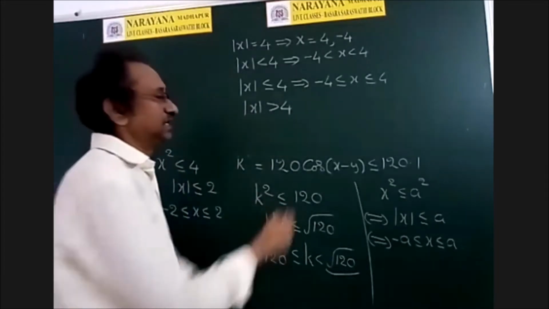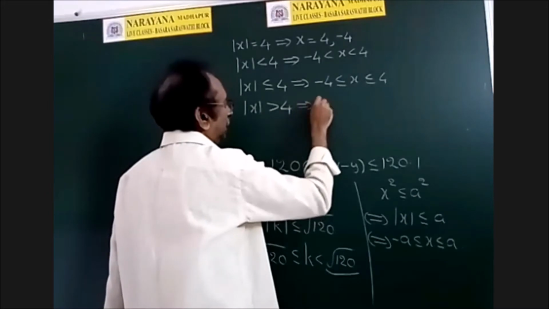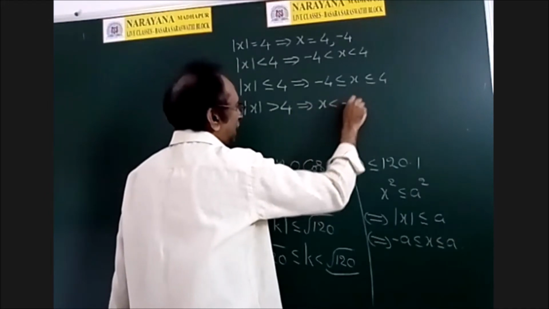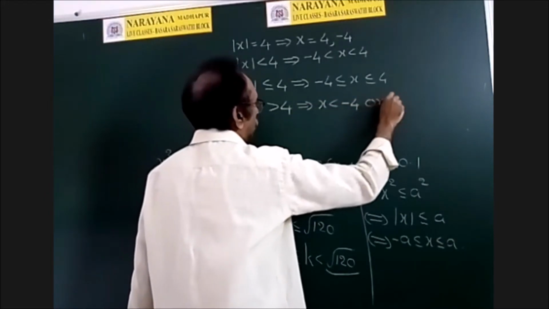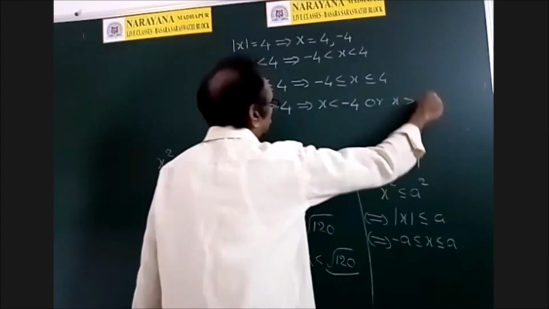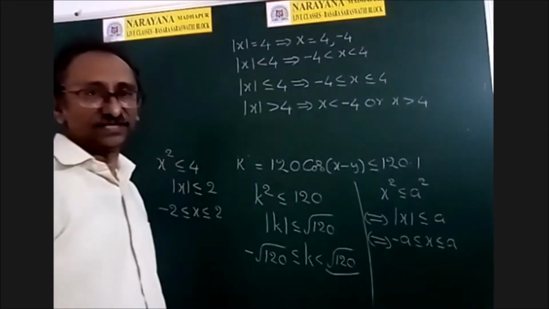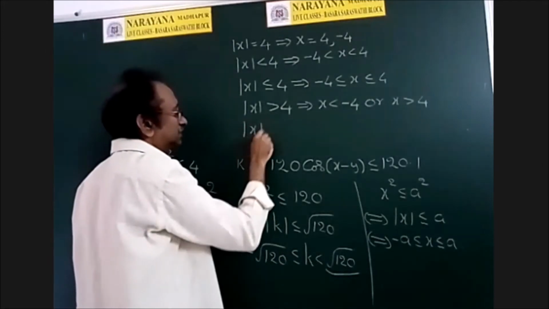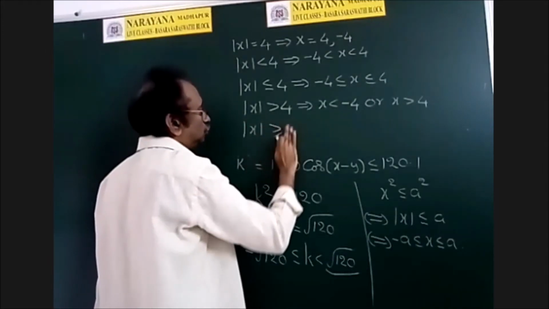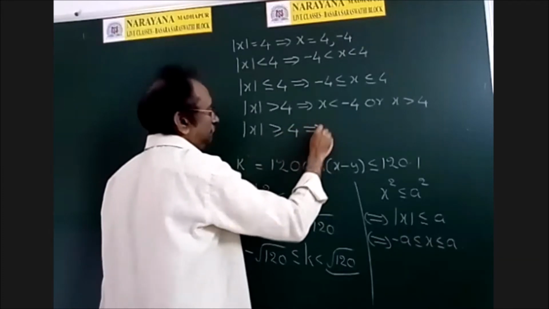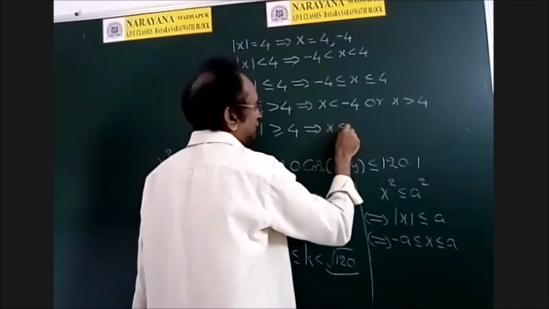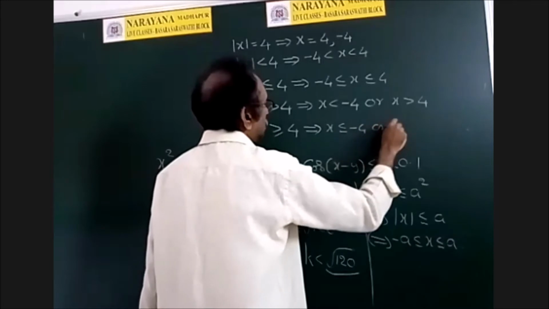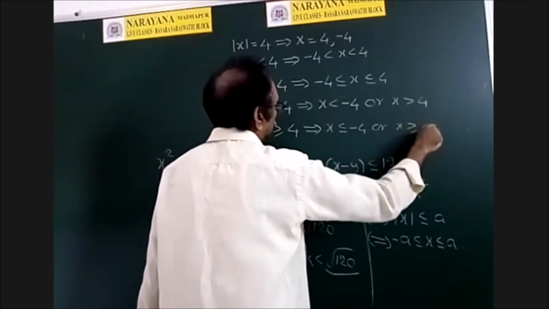Therefore, mod x greater than 4 means either x is less than minus 4 or x is greater than 4. And therefore, mod x greater than or equal to 4 implies x less than or equal to minus 4 or x greater than or equal to 4.